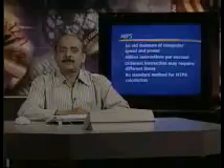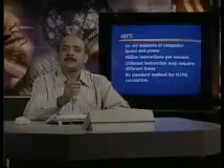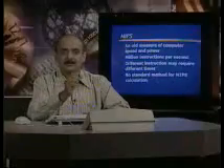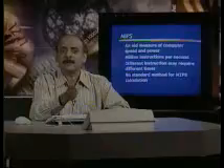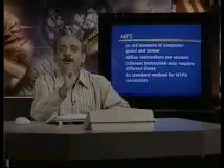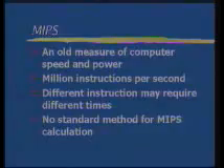Why this particular measure is not a very good measure is that with different processors the time required for a particular instruction may be different, or even in the same processor, different instructions may take different amounts of time for execution. So how can you define a common measure for all those instructions? That is what the fourth point in the slide says, that there is no standard method for MIPS calculations.